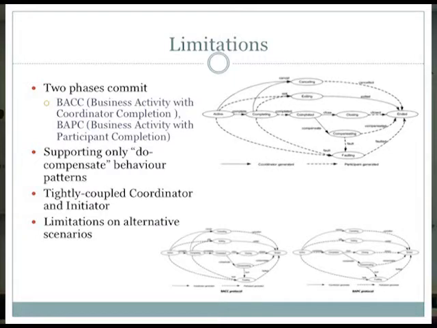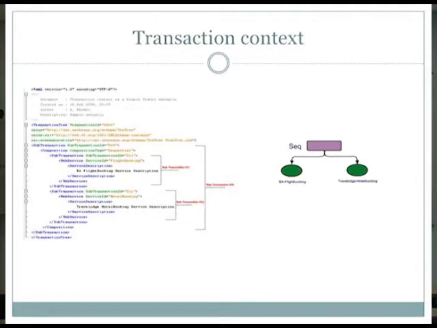Okay, now let's look at the transaction context, and probably some of you are interested to design your own transactional system. We have a transaction context that shows the structure of a transaction. This is a very simple example. We have just booking a flight and booking a hotel, and it's sequential.